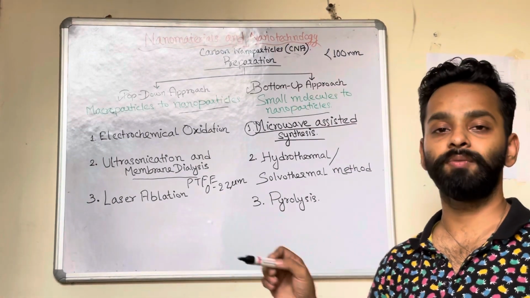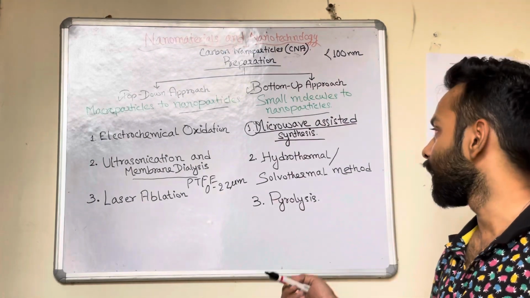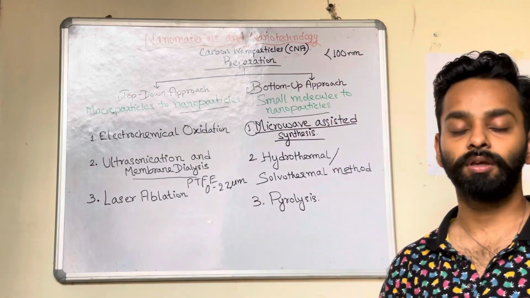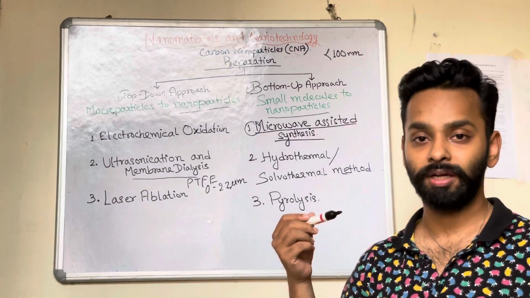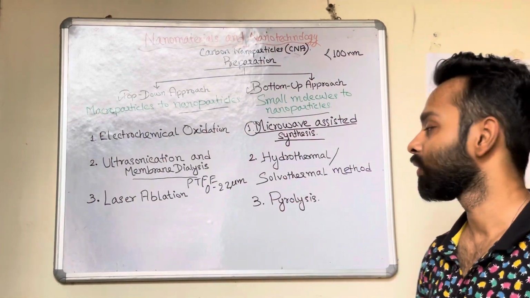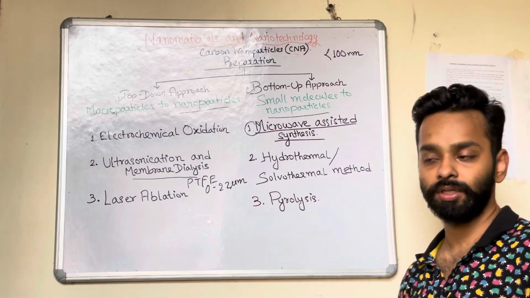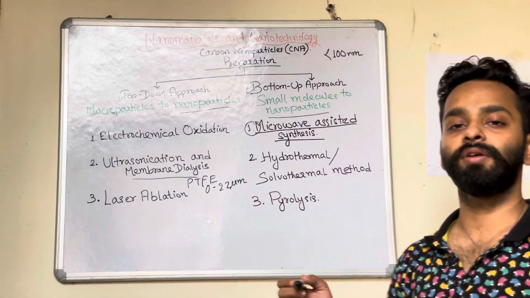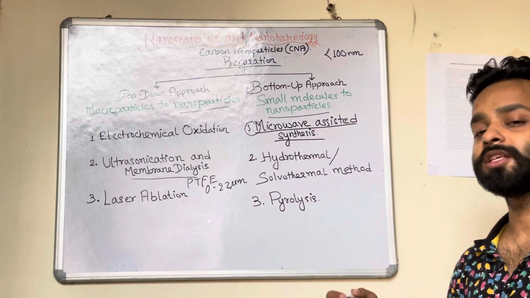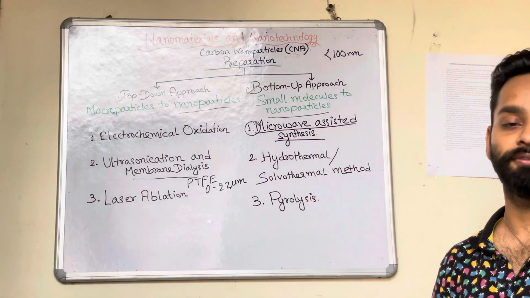That time scale is optimized for that particular material, and then we can take it out. We can perform UV visible spectroscopy to determine if the materials have been synthesized. Any microwave oven can be used for this, but a specific microwave synthesizer is available for use in laboratories, which gives us better control over the reaction conditions and is also safe to operate.